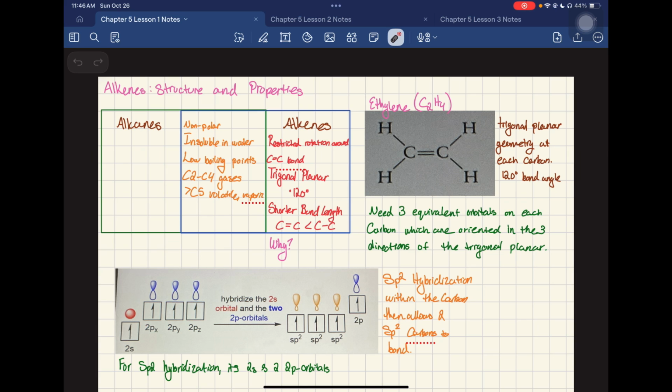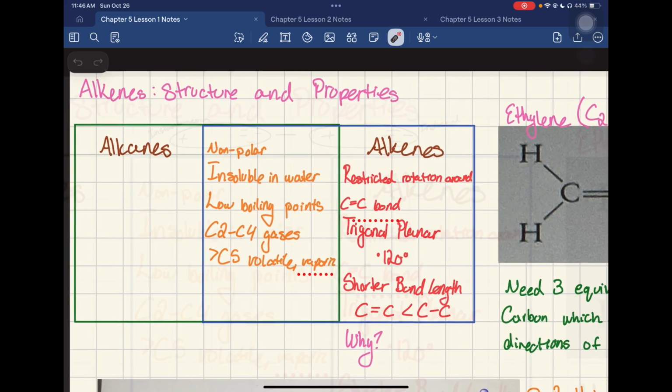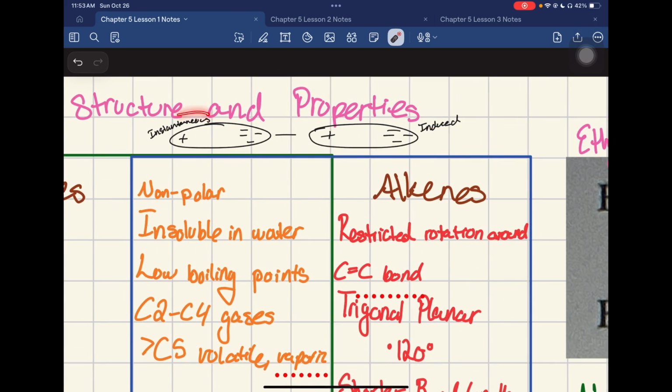However, because alkanes and alkenes are nonpolar and are insoluble in water, meaning they are missing the dipole-dipole moment and the hydrogen bonding, they are only going to have London dispersion, which is that induced force, right? Let me make a quick sketch. So right here, this is an instantaneous dipole, while this is an induced dipole.